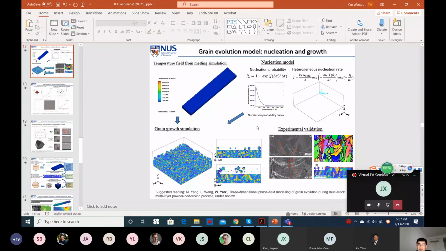And actually we're thinking a lot about the fluid flow in the Marangoni zone, because there are some experimental observations of dendrite fragmentation. So this will make this kind of simulation even more complex. Yeah. Great, thanks.